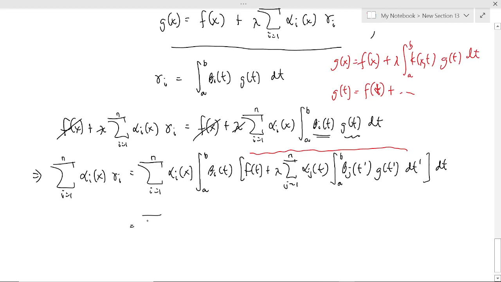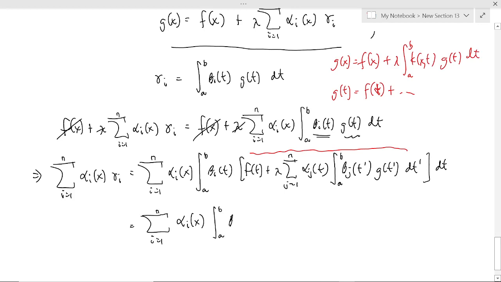So this is now equal to the summation of lambda times alpha i of x, again from 1 to n, times the integral evaluated from a to b.